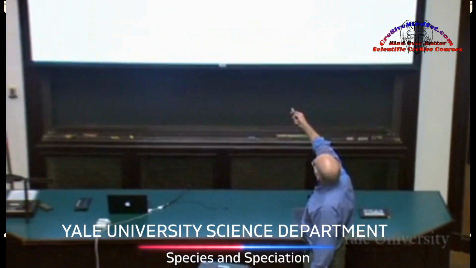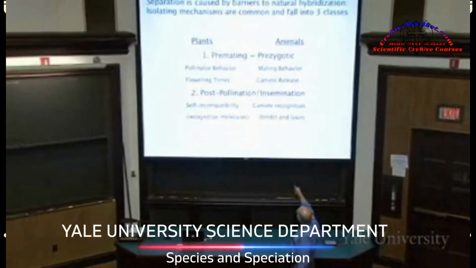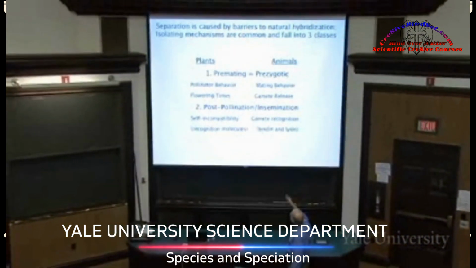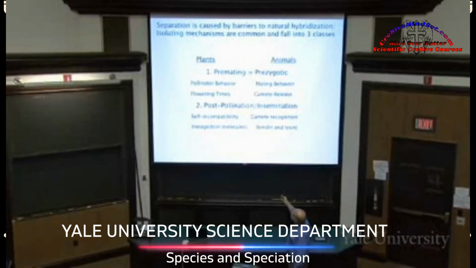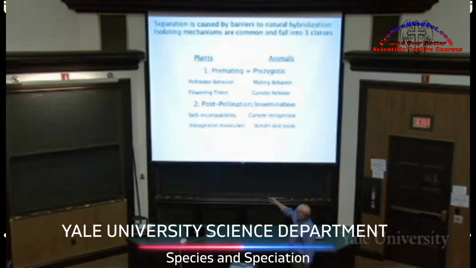Now, the second class of isolating mechanisms occurs a bit later. It's post-pollination or after insemination. And in plants, and actually in many algae and ciliates, there are self-incompatibility mechanisms.